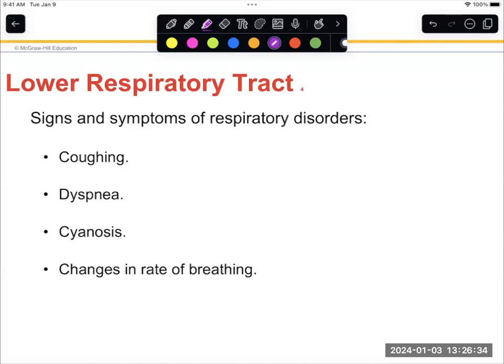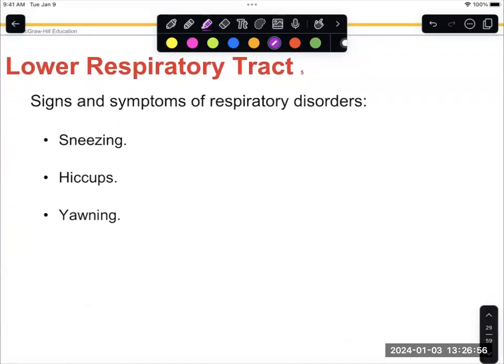Sleeping slows down your breathing rate. You don't need as much oxygen going to all of your tissues to move around because you're laying still when you're sleeping. Your brain is still going to consume the same amount of oxygen, but the rest of your tissues are not.